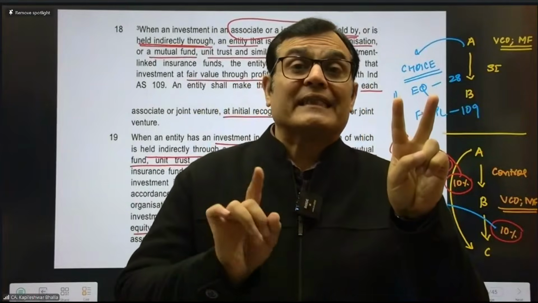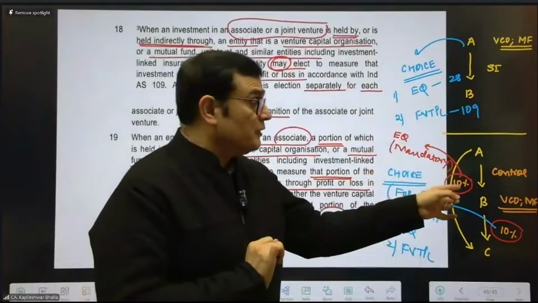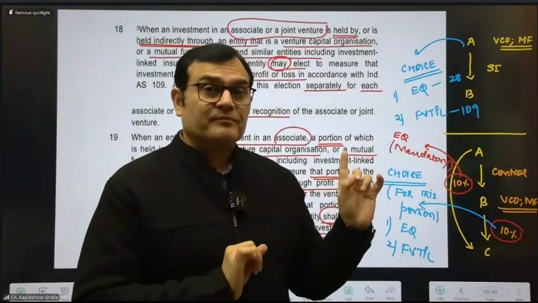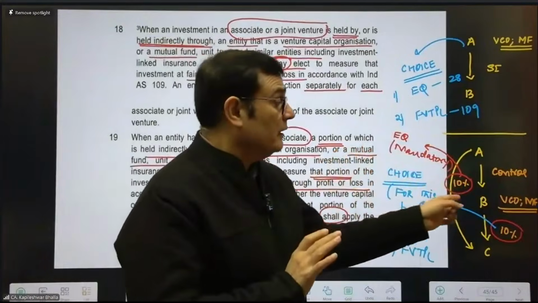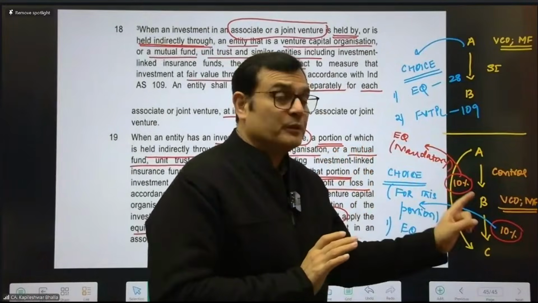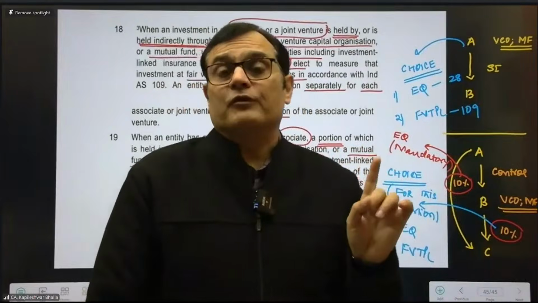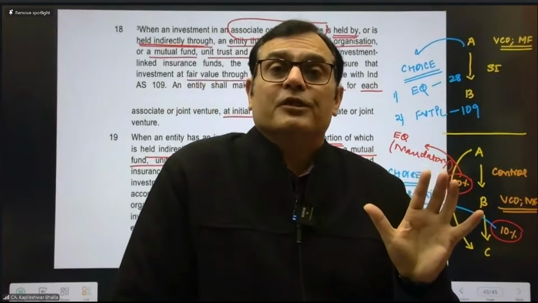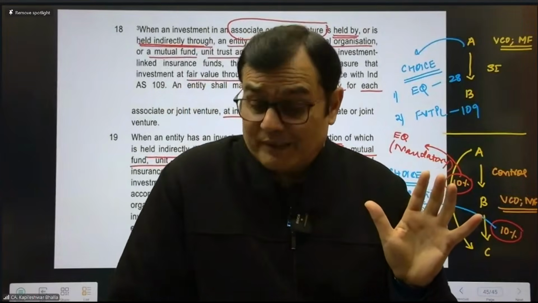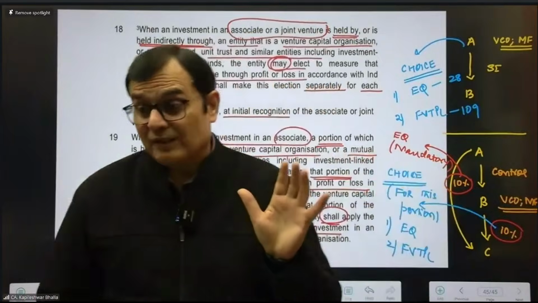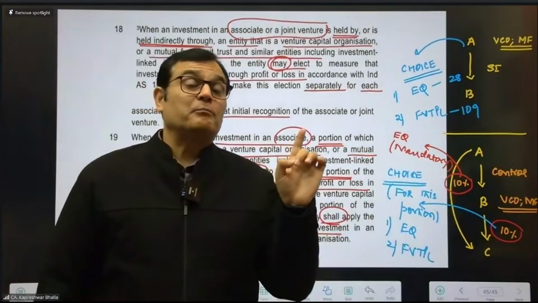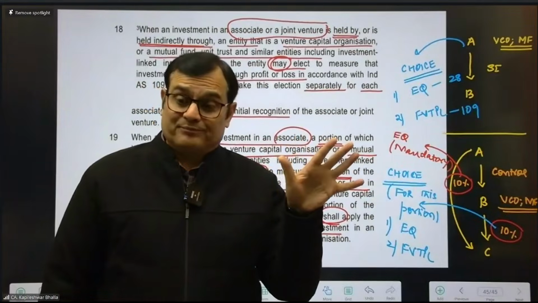And for the portion which is indirectly held through a VCO, you again get a choice. And this choice is available even if B individually does not get a significant influence over C. It does not make any difference to the analysis. Right? I hope, friends, I'm clear on the application of para 18 and para 19.